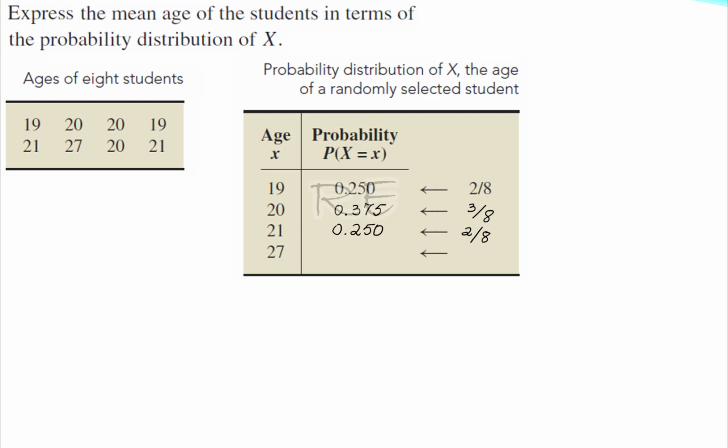And we have 1 27. 1 over 8, the probability of 27 is 0.125. The sum of all the probabilities is 1, or 8 over 8. Now let's go back to the ages of those 8 students.